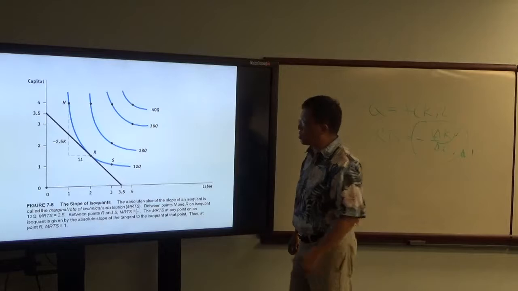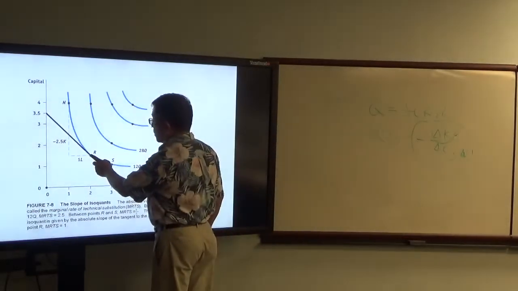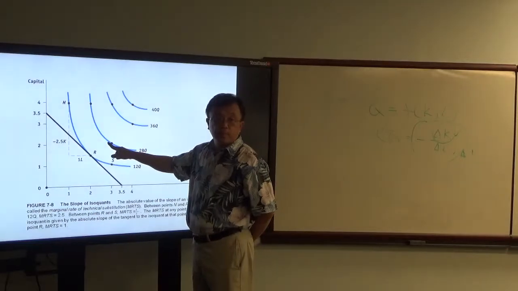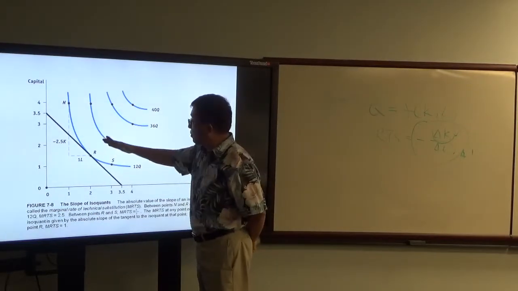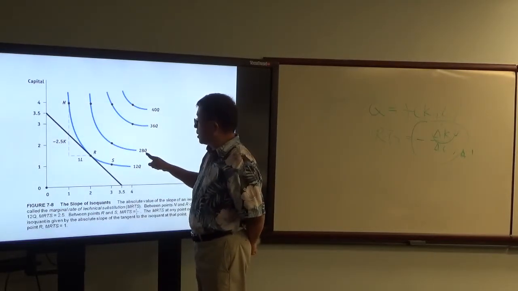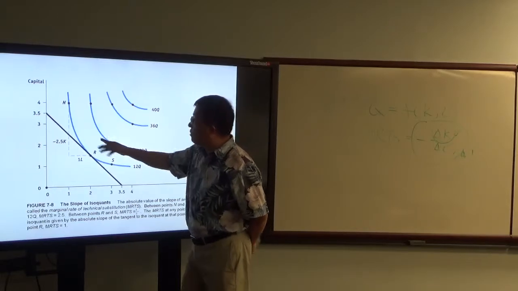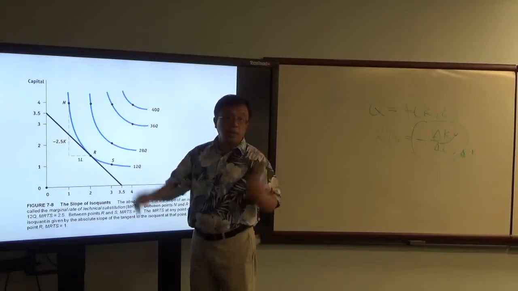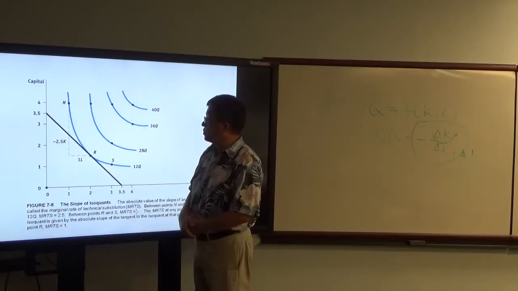And the optimal solution is what? How about this point? It's good, right? Because you have more output, 228, not 12. But given today's budget, this month's budget, you cannot reach it.